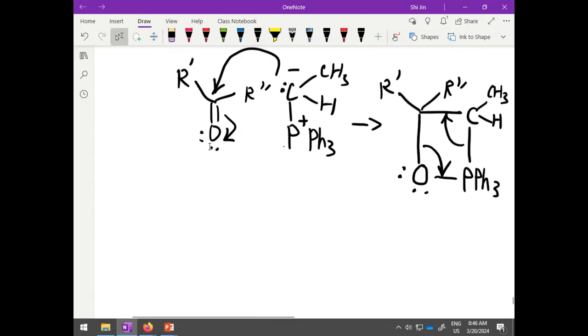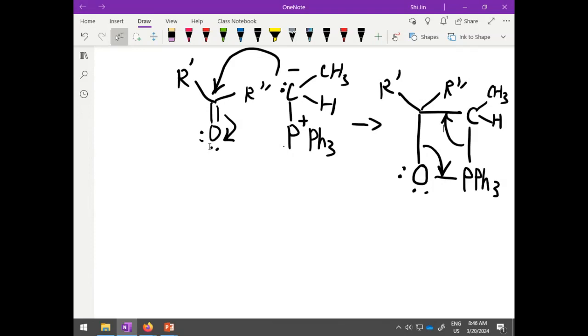Which arrow? The arrow is pointing on the bond between oxygen and phosphorus, goes to the oxygen. Oh, that's either way, because those are two resonance forms.